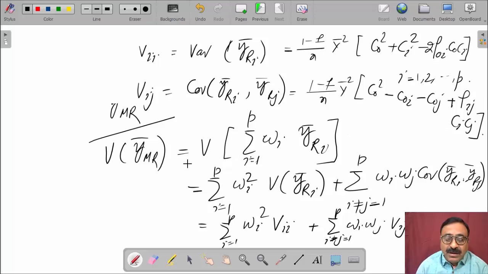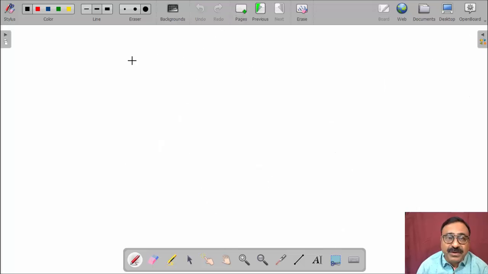Now we shall proceed further by defining different matrices as follows.